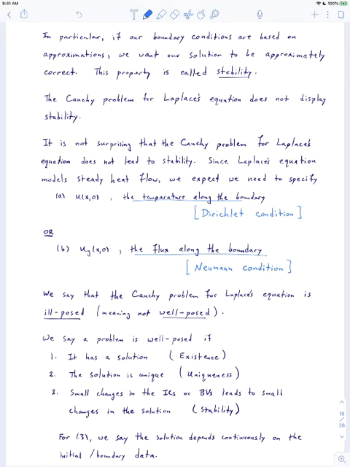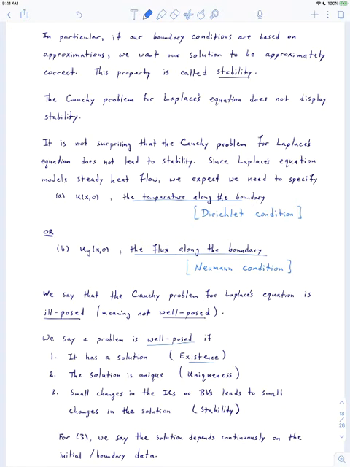We say that the Cauchy problem for Laplace's equation is ill-posed, which is just another way of saying it's not well-posed. Well-posed is a technical term. It actually has a definition. We say that a problem is well-posed if the following conditions are satisfied. 1. The problem has a solution, that is, there is existence. 2.